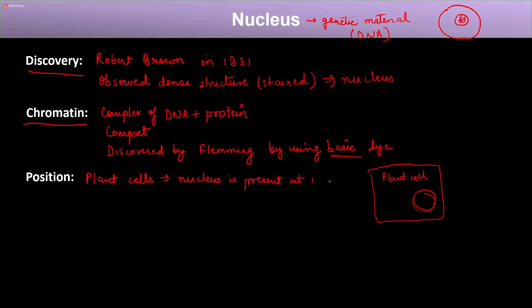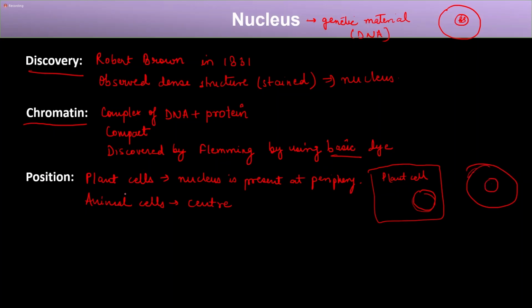But in animal cells, the nucleus is present at the center. You have the plasma membrane, and the nucleus is present somewhere here.